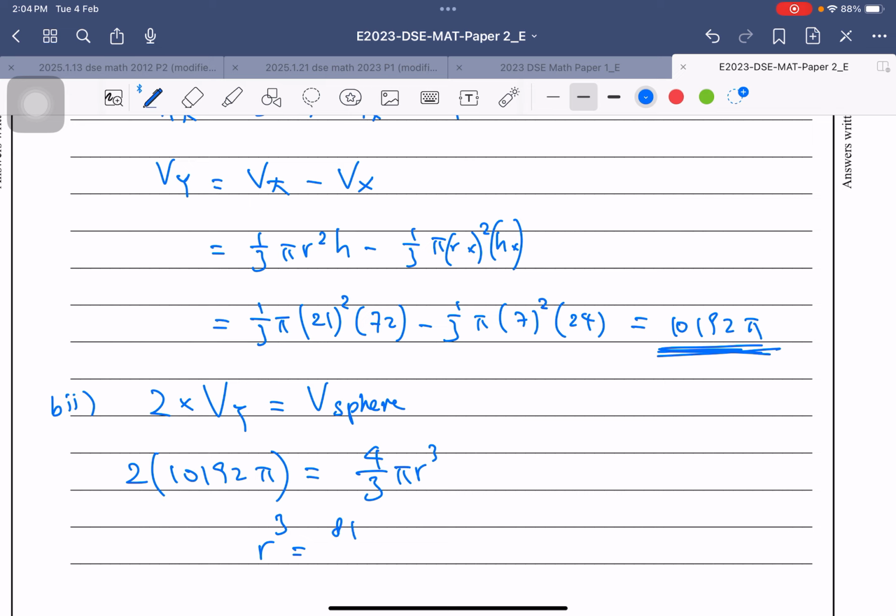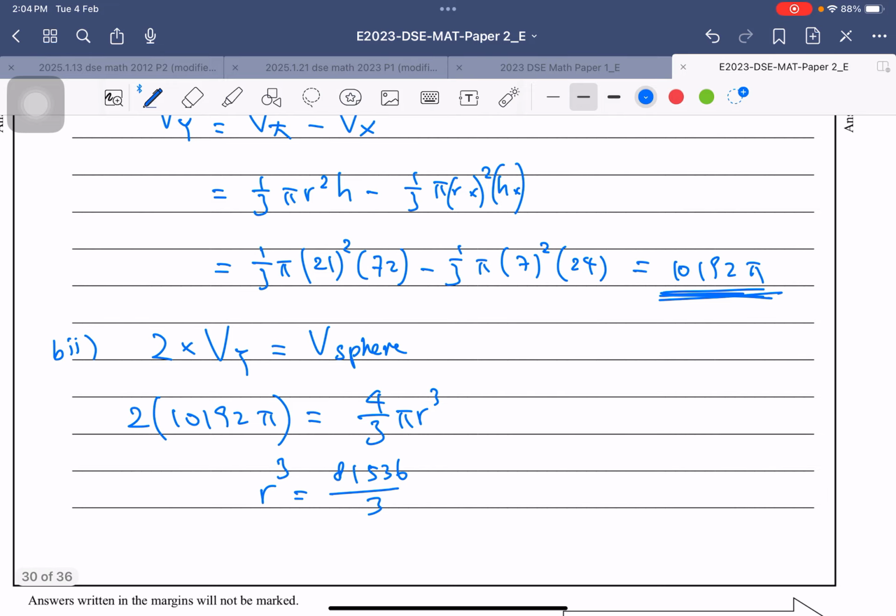You get 81536 over 3. But the question is asking for the diameter, not the radius. So the diameter is equal to 2r. Use your calculator, take the cube root, and then times 2. So the answer should be 60.1.